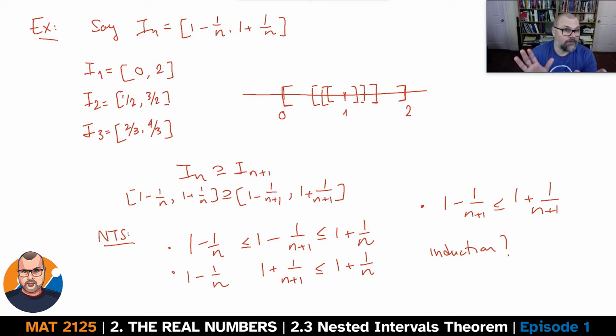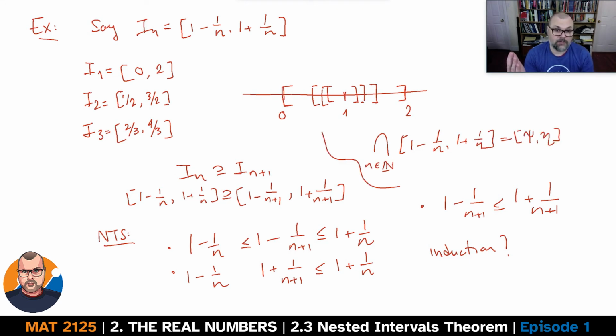At any rate, you'd have to show that this is a sequence of closed nested intervals before you can use the nested intervals theorem to conclude that the intersection of these intervals is actually a closed interval.